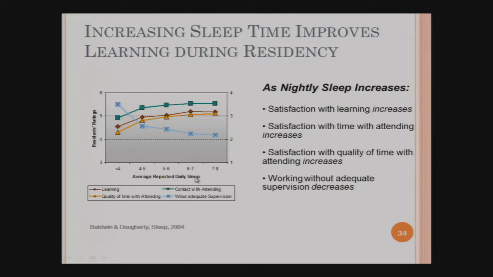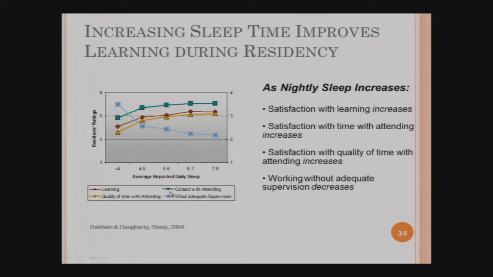If you look at the x-axis, this is the average reported daily sleep, and on the y-axis you'll see resident ratings. Looking at the perception of learning quality, in the red line, the less than 4 hours of sleep category is lower, and as you go higher, your ratings increase.